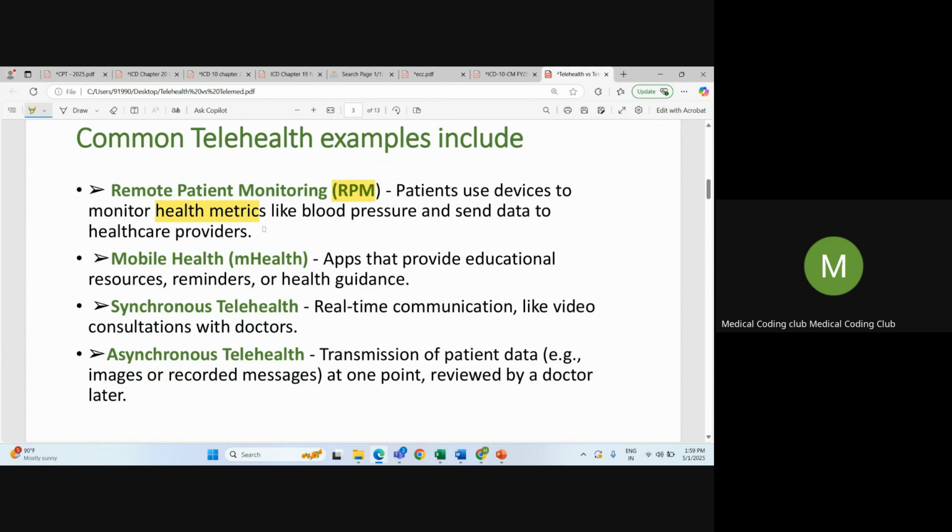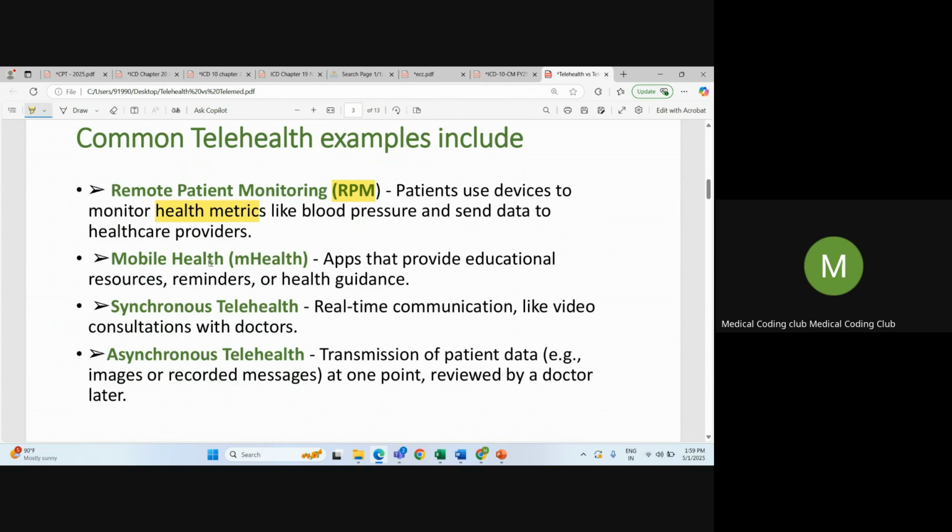It can be a BP measurement using a BP measuring device, and they can also share their blood glucose level. Utilizing some device, they monitor their health metrics and forward the data to their healthcare provider, so that the provider can monitor the patient's health status and accordingly start or give a comprehensive treatment plan.